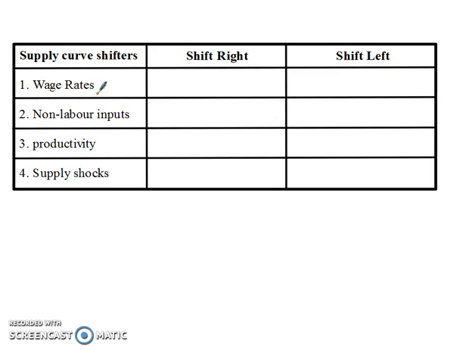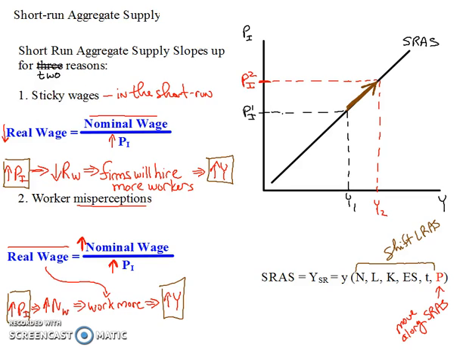Now, we did talk about wage rates before. We talked about the real wage rate and how it's affected by changes in the price level. But here's the key, and this is a really confusing concept. If the price level changes, and that changes wages, then it's a move along the curve concept. Why?